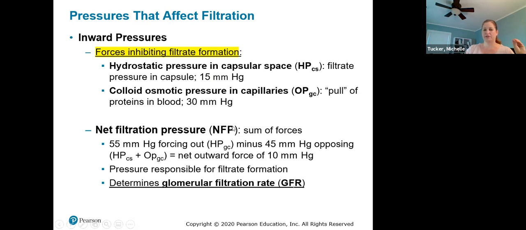And net filtration pressure is going to have to be, and these are negative numbers when you use them, so the net force, net filtration pressure is 10 millimeters of mercury. This net filtration pressure determines the glomerular filtration rate. If we decrease hydrostatic by even 18%, net filtration pressure goes down to 0. So it's important that we have a driving force that is significant.